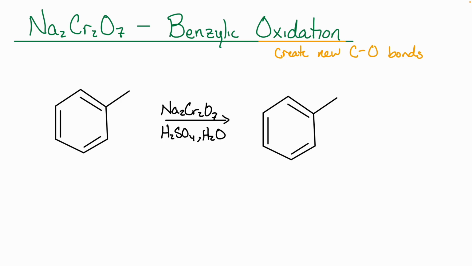You will give it as many new carbon-oxygen bonds as it can handle, or create this functional group here, which is what? Carboxylic acid. Okay? And so again, we oxidized this benzylic carbon. We created a whole bunch of new carbon-oxygen bonds, right? Creating that carboxylic acid group.